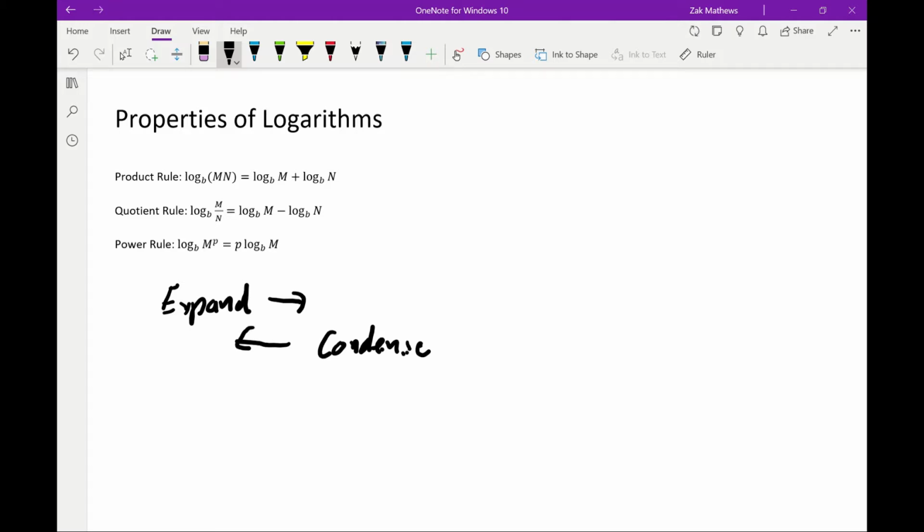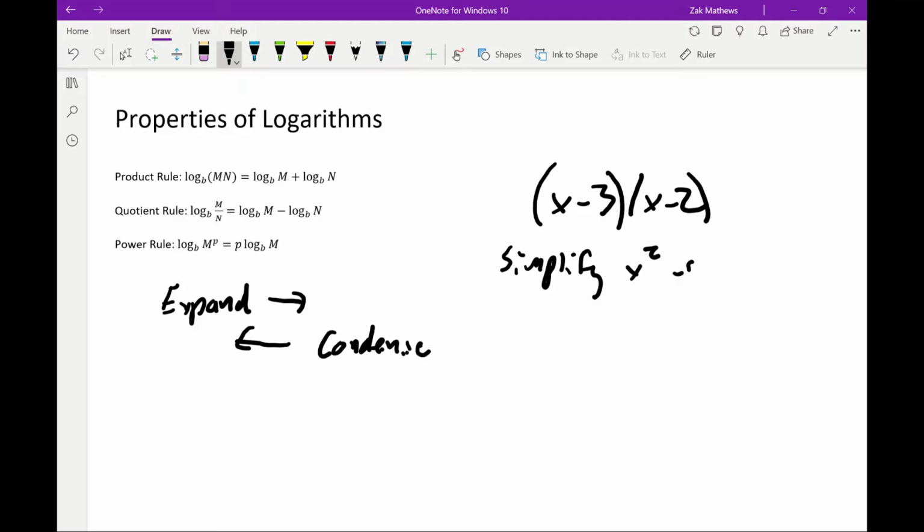So to give you a little bit of an analogy maybe, when we have just products of things, when we're multiplying together, say binomials, if we have something like x minus 3 times x minus 2, we can simplify that as x squared minus 5x plus 6.